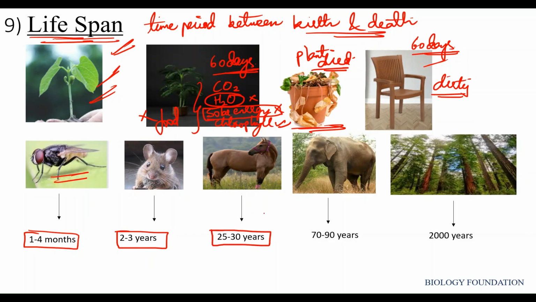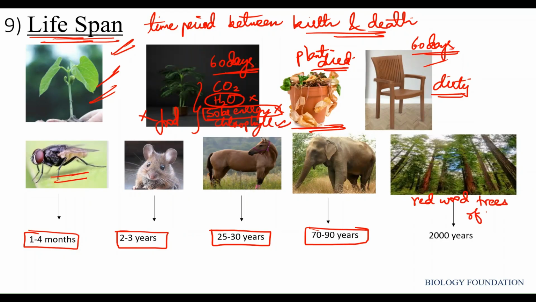That doesn't mean that every horse must survive for 25 years or for 30 years. If you're taking good care of the horse, providing it nourished food and allowing it to exercise, maybe it can live for 35 years. But usually average lifespan is 25 to 30 years. For an elephant, the lifespan is 70 to 90 years. And this is basically the redwood trees of California.